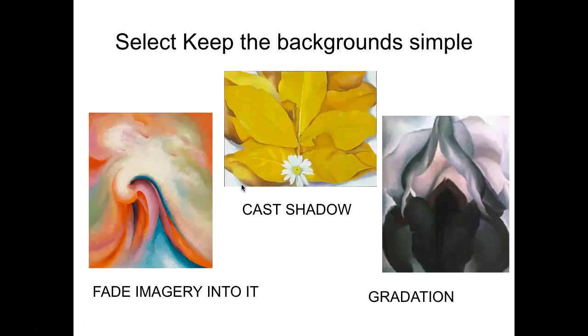You could use a simple cast shadow, so that's the shadow underneath these leaves in the center, or we could have a gradation of color or value. So here you can see how it goes from light to dark, and it kind of matches the imagery color here as well. So please experiment with your color choices and look for assistance if you need any help.